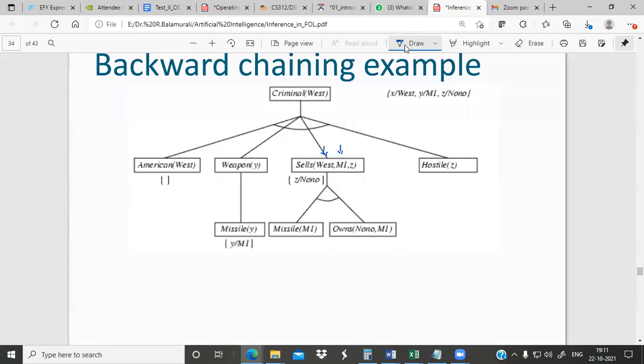If West sells M1 to Z, then we should prove that M1 is a missile, and also that Nono owns M1. We can confirm that West has sold M1 to Z only if we prove that M1 is a missile and that Nono owns M1. So we go through this branch.